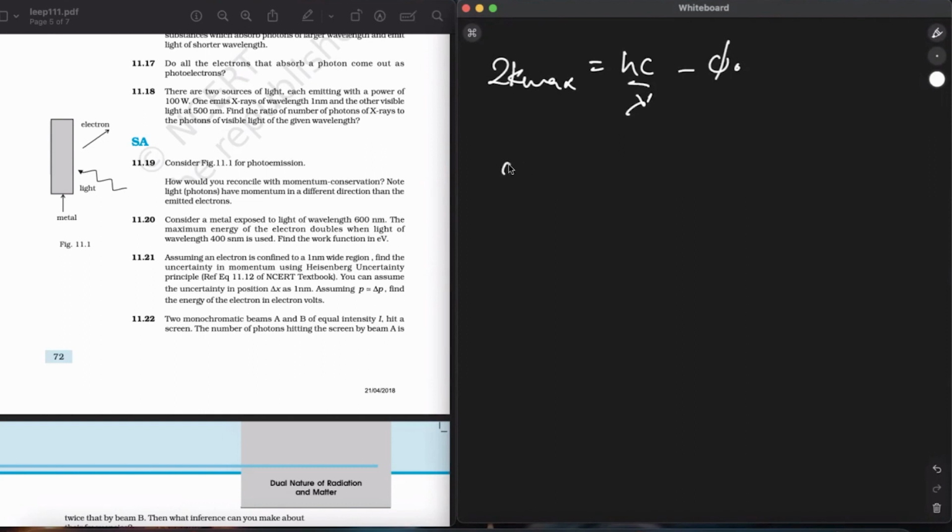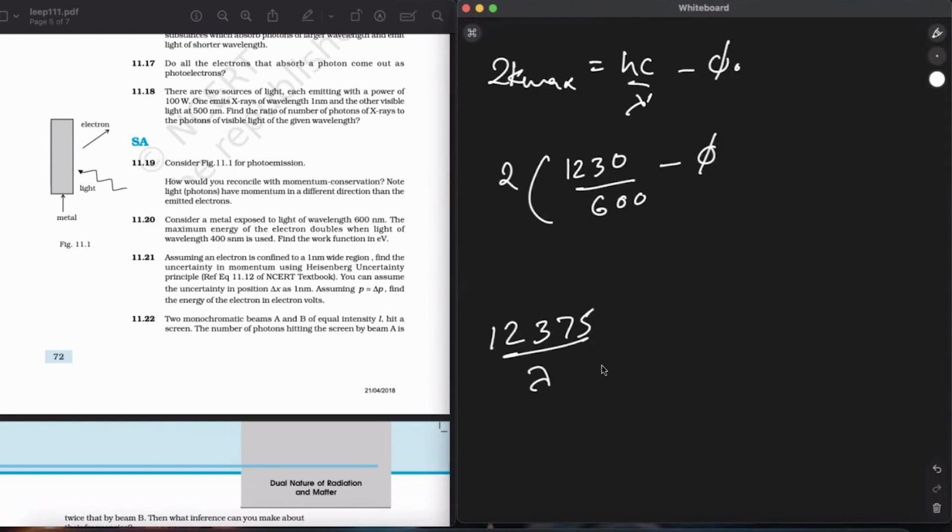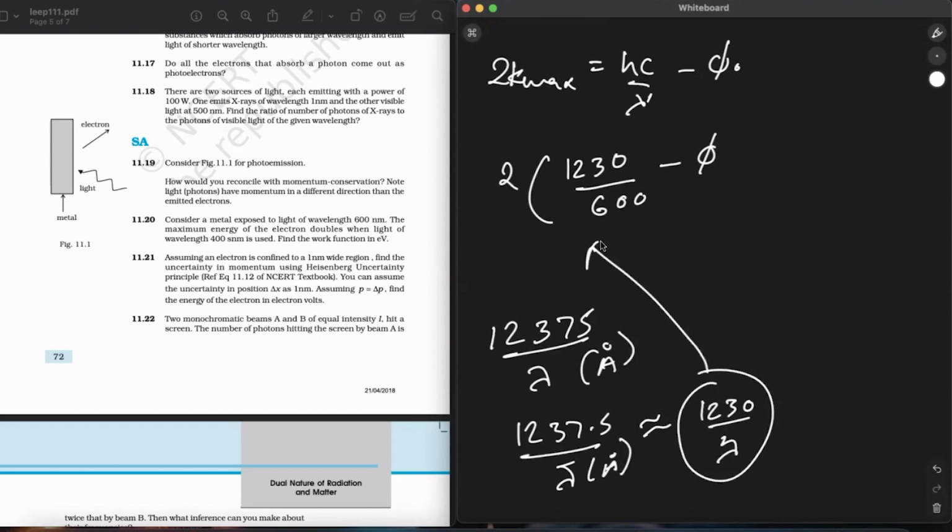So if I write 2 times 1230 upon lambda in nanometer minus phi. Basically, the actual value is 12375 upon lambda in angstrom, or 1237.5 upon lambda in nanometer. But for simplicity, I can write it as 1230 upon lambda. That is what I have done over here. Minus phi should be equal to 1230 upon 400 minus phi.